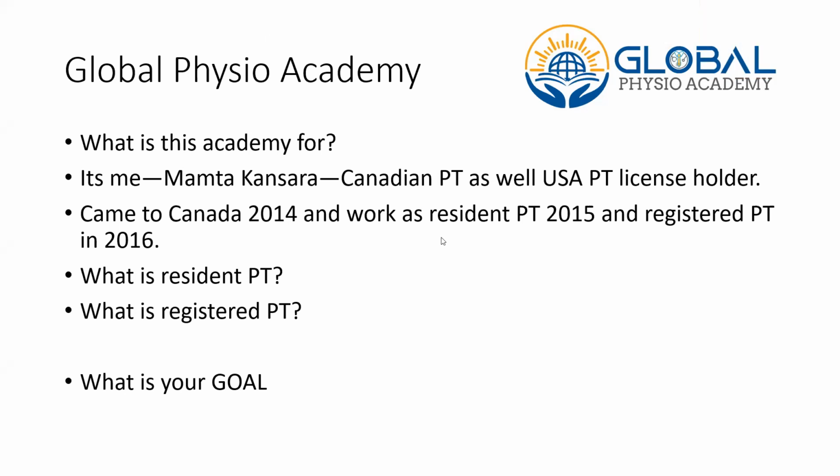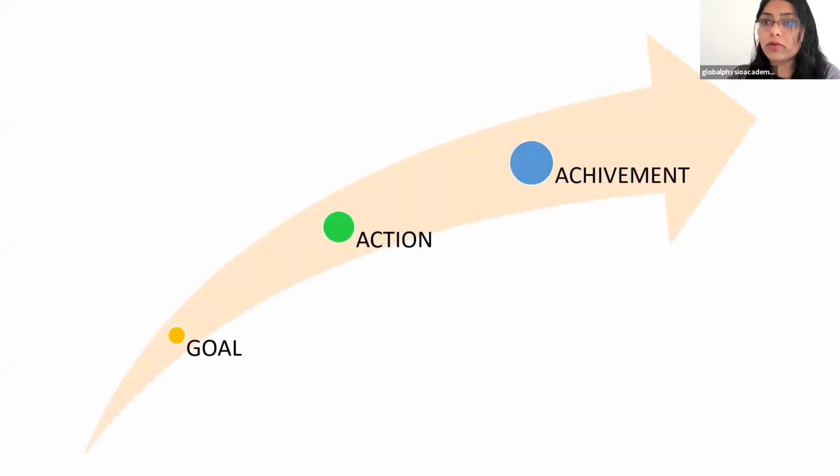Yes, ma'am. So first of all, decide your goal. Like what is your goal? So to be a physiotherapist in Canada. And for that, what action you need to take, that action at the appropriate time, that is called your SMART goal. You have to do some action regarding each step, like the physiotherapy license is divided into 3 parts: credential, written, and practical.